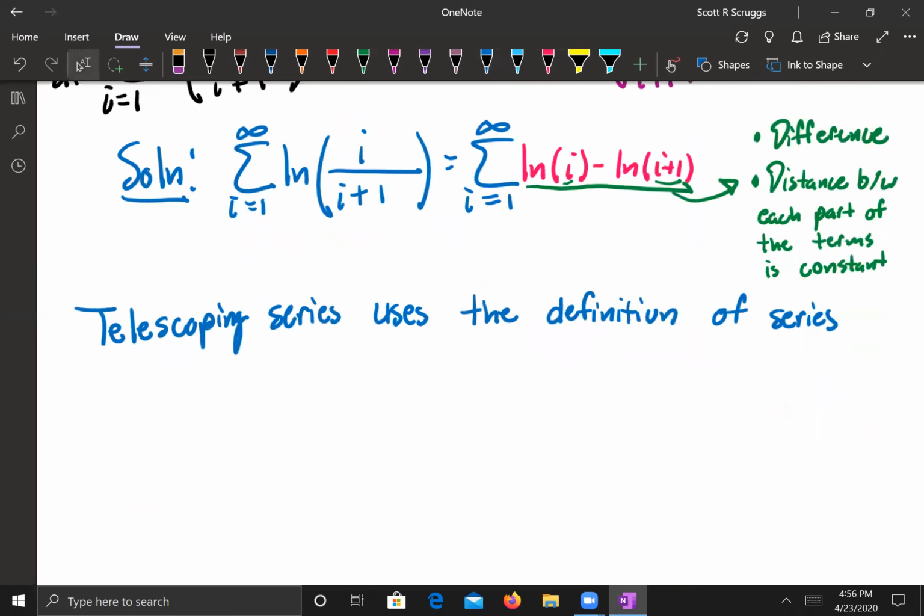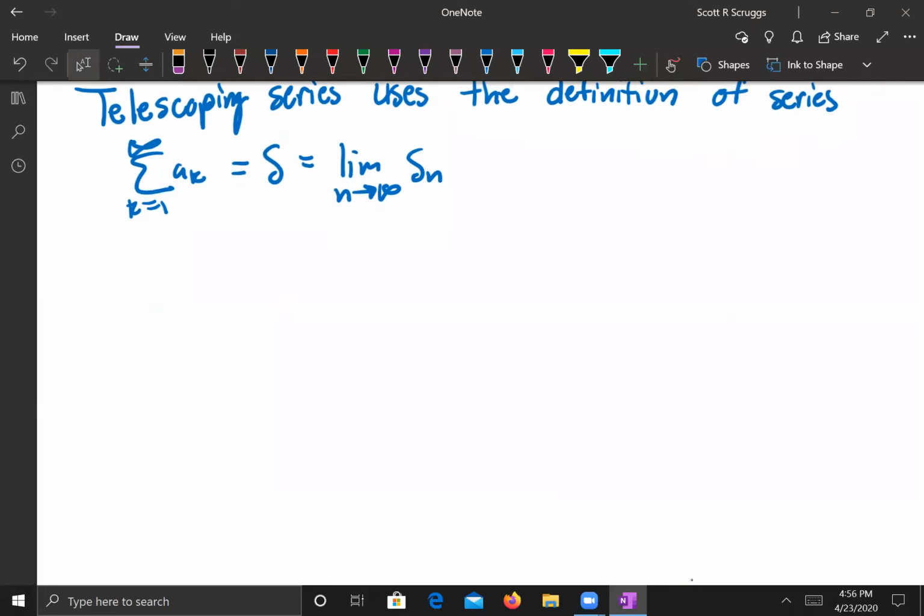And what that is, is that an infinite series, which I'm going to call x, is equal to the limit of its partial sums. So what we do with a telescoping series is figure out what the partial sum looks like, and then take a limit. So let's check what goes on with x of n.